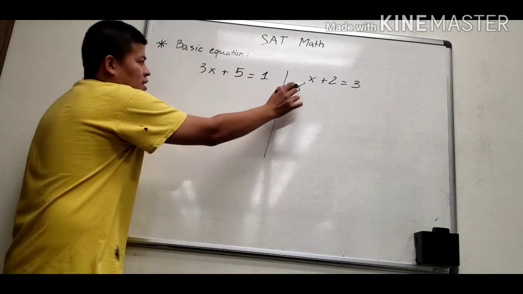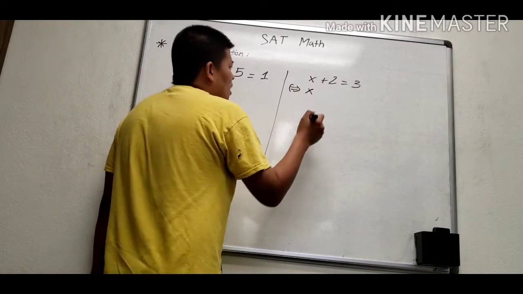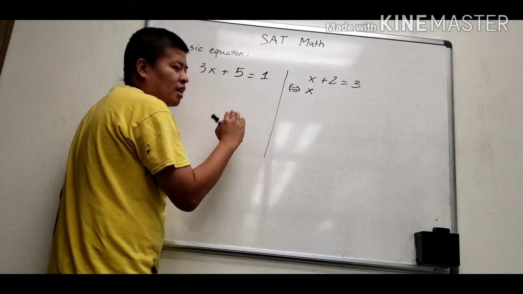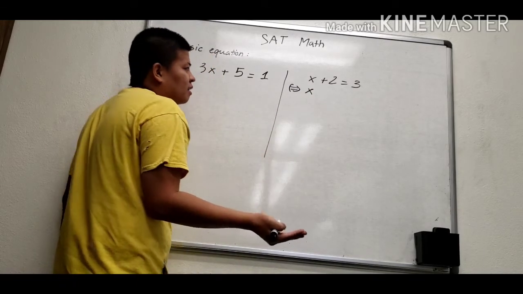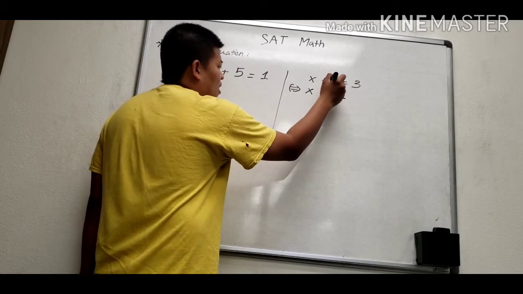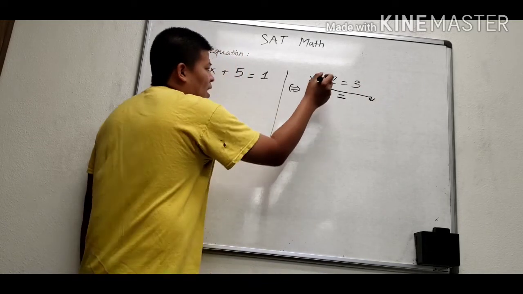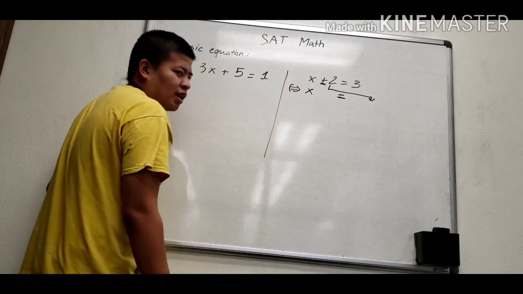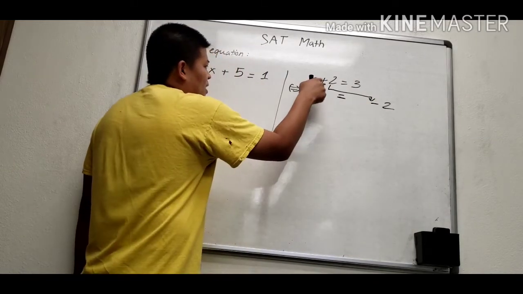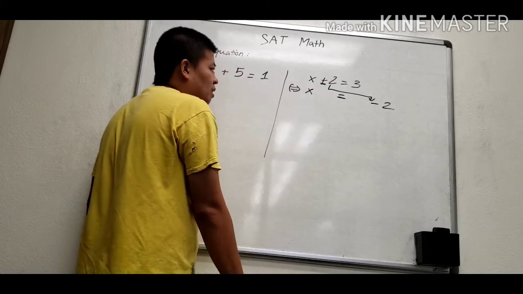So in this equation, if you want to find the x, you need to put the x on one side and the number on the other side. So we have number 2 on the left, we move it to the right, and the positive number changes to the negative number. If it is a negative number here, it changes to a positive number.